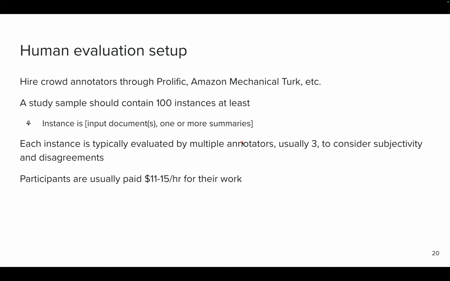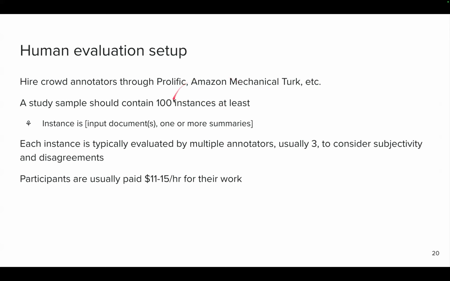You will also see that people usually recruit annotators in a way that multiple annotators evaluate each one of these 100 instances. This is to check things like subjectivity and disagreements.